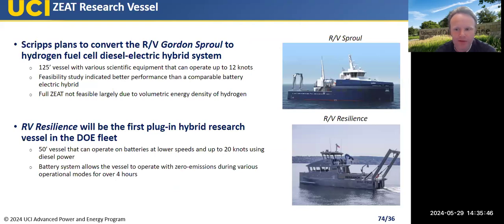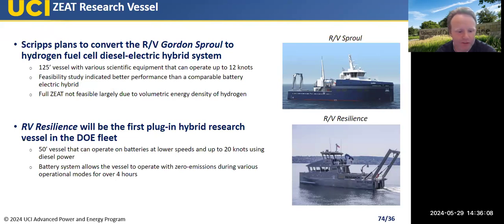There are also two examples of research vessels that are converting to ZEAT. One is the Scripps Gordon Sproul, which is going to convert to a hydrogen fuel cell diesel electric hybrid system, which is interesting. It has a hydrogen fuel cell and a diesel engine. It's a 125-foot vessel with various scientific equipment, can operate up to 12 knots.